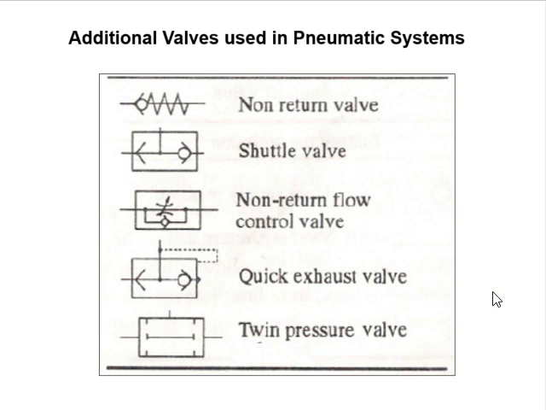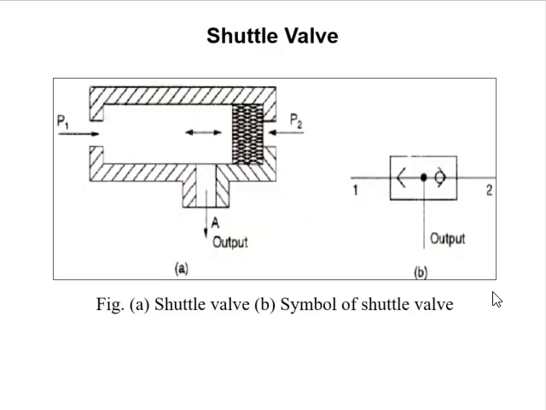Now first we will go through the shuttle valve. Basically a shuttle valve is used when there are two inputs and only one output. Means if the pneumatic system has either one of two inputs, then it will give an output.